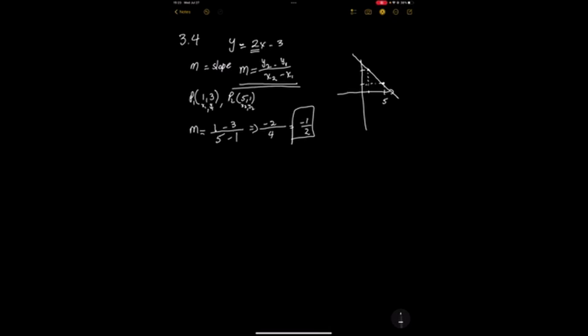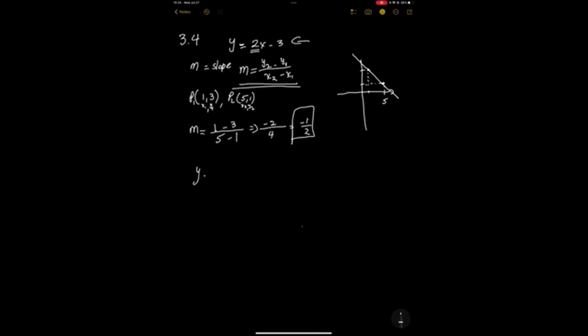Let's do the y-intercept form. When we talk about the y-intercept form, it basically means you need to substitute x with 0. So let's say we have the first one we looked at right here.